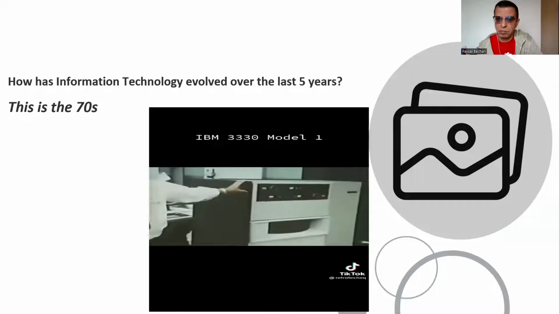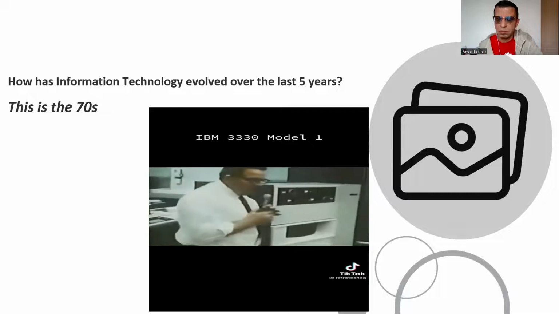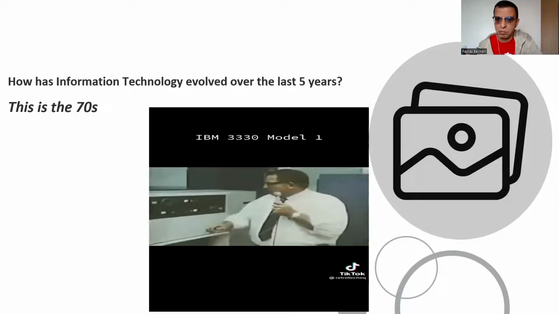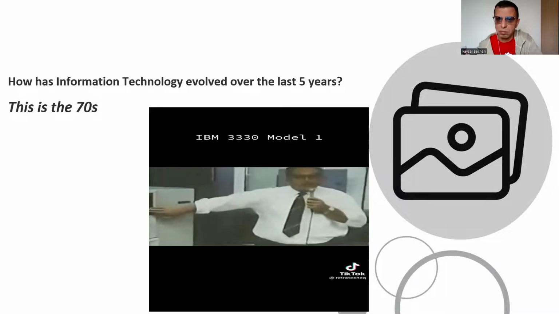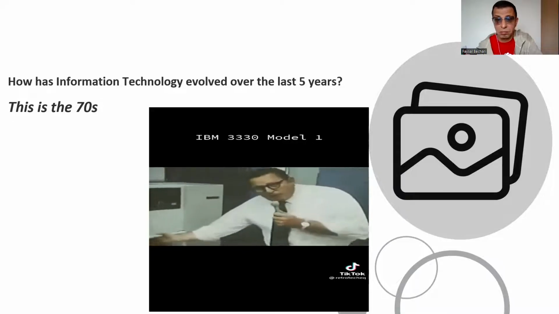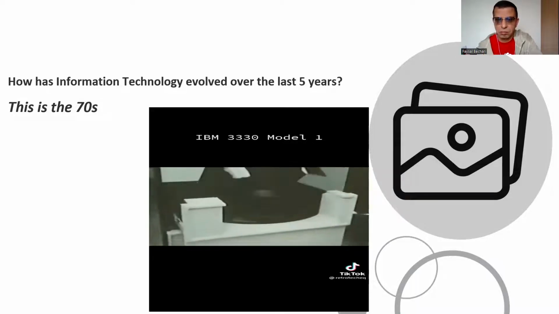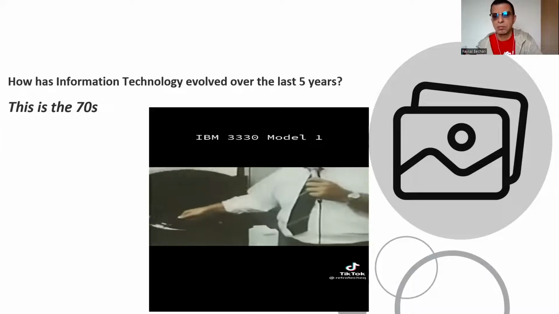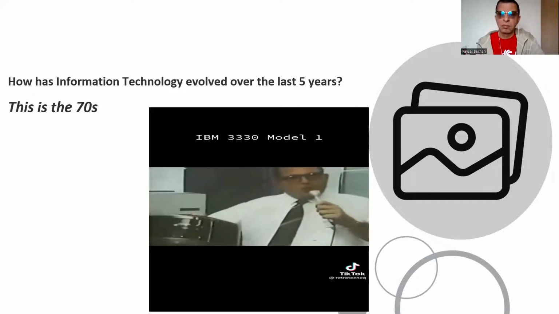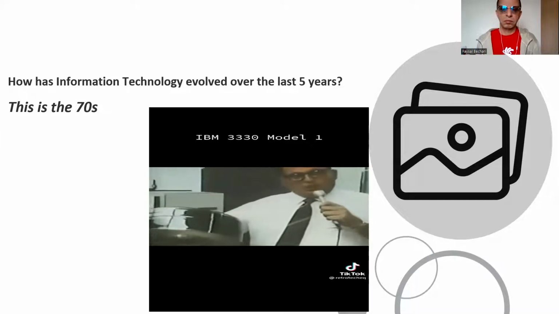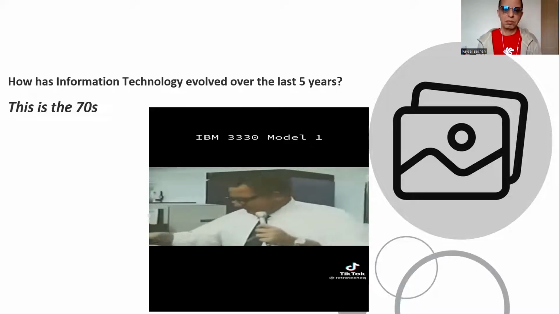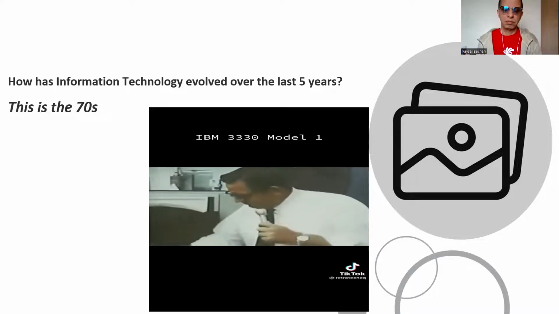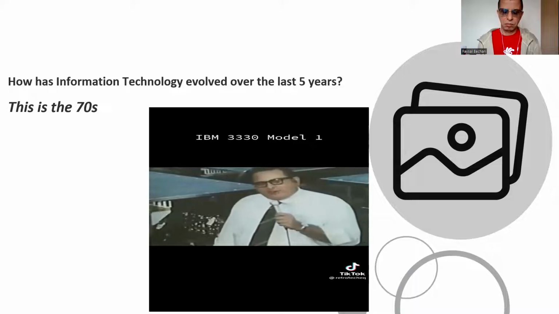Each module, like this one, has 2 drawers. Of course, when the unit's complete, the drawers will open automatically with the push of a button. But for now, I'll pull the drawer out manually. This single pack I'm holding with a dozen disks can store 100 million characters. We are now in another testing area of the plant.